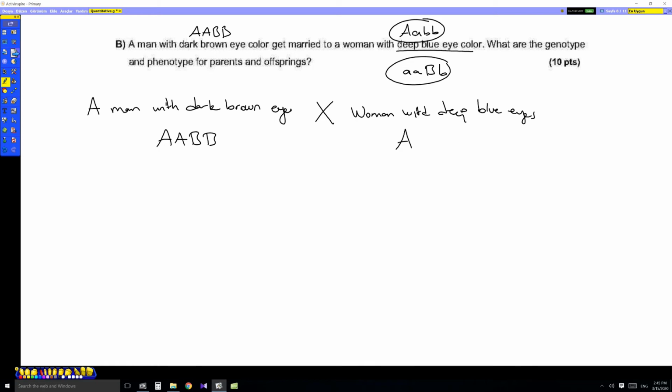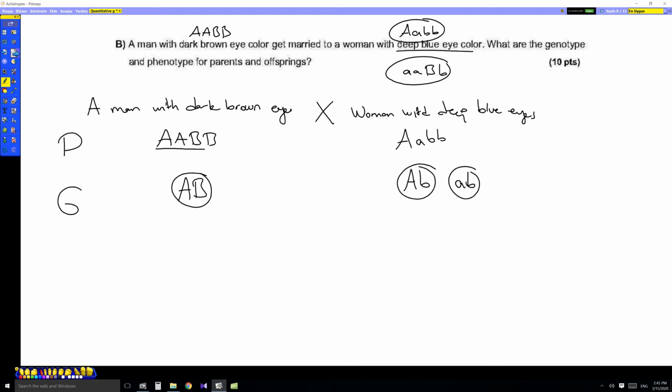So it is not important whether it is A capital or B capital, but the importance is the number of dominant alleles. So the parents produce gametes: the pure one produces one kind of gamete, A capital, B capital. The woman, hybrid for one trait, produces two kinds of gamete, A small, B capital and A small, B small.